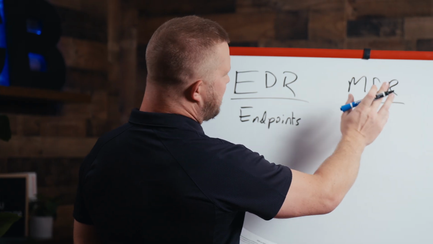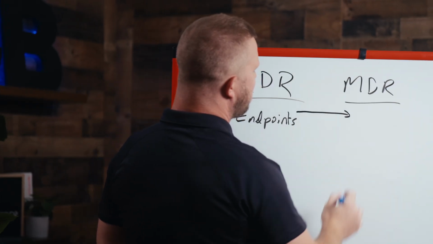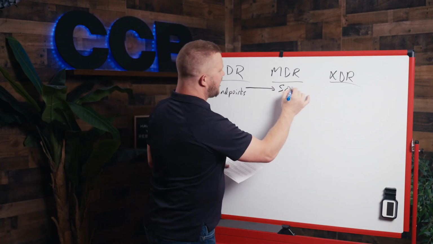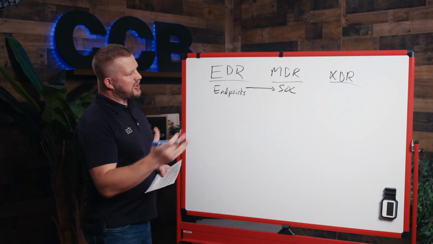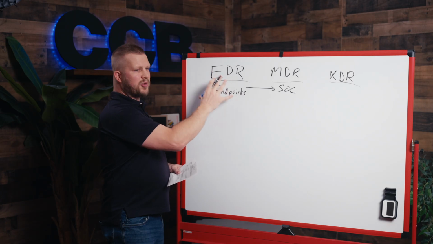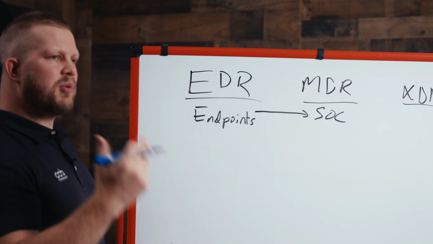MDR is Managed Detection and Response. It takes this EDR portion and puts some management or response behind it. A lot of times we have what we call a SOC, or Security Operations Center, where you have security specialists analyzing all of the data and telemetry that come from your endpoints. So it's able to introduce things like threat hunting.